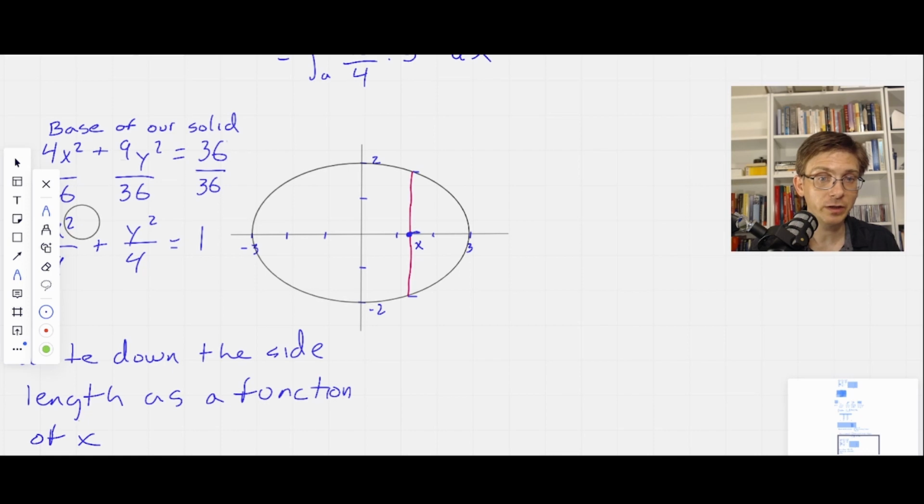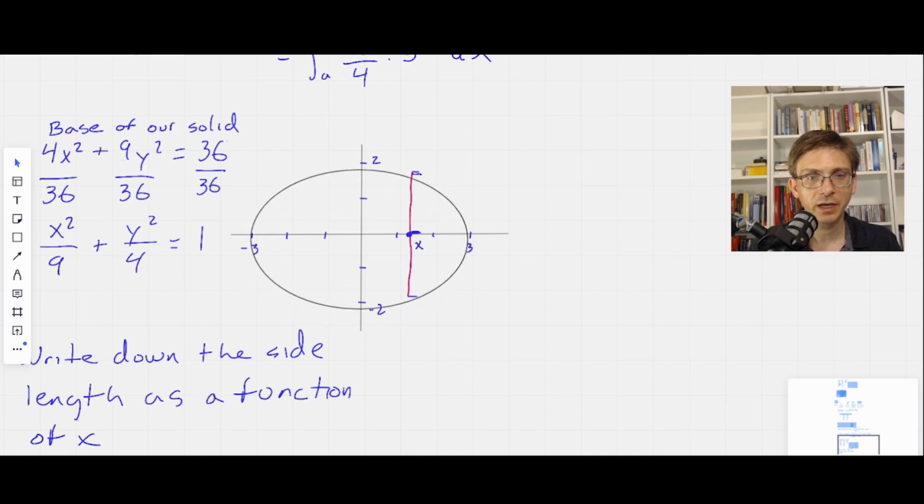But if we can go from the x-axis up to where the ellipse is, that would be useful as well. So that's what we want to do. We want to take an x value, plug it into something, and then come out with a y value.